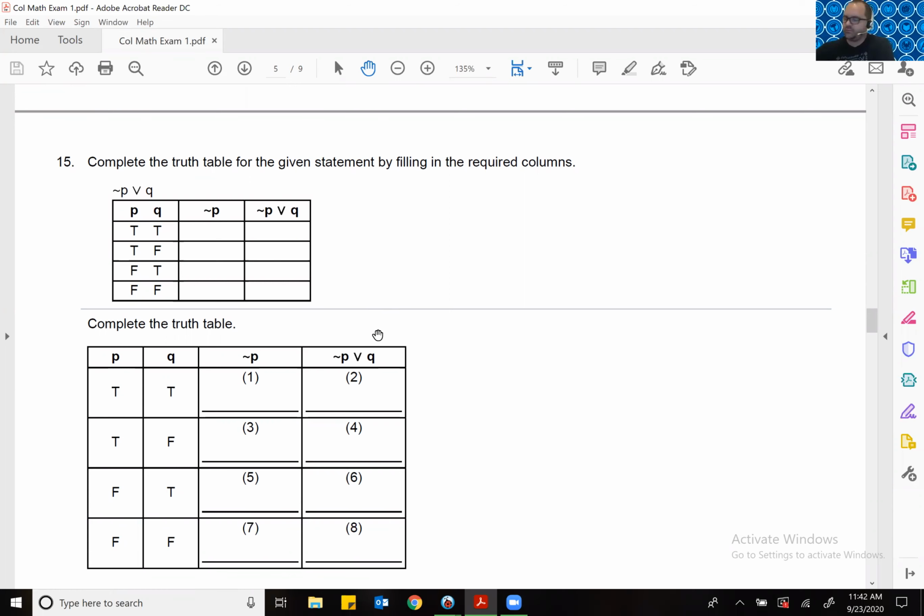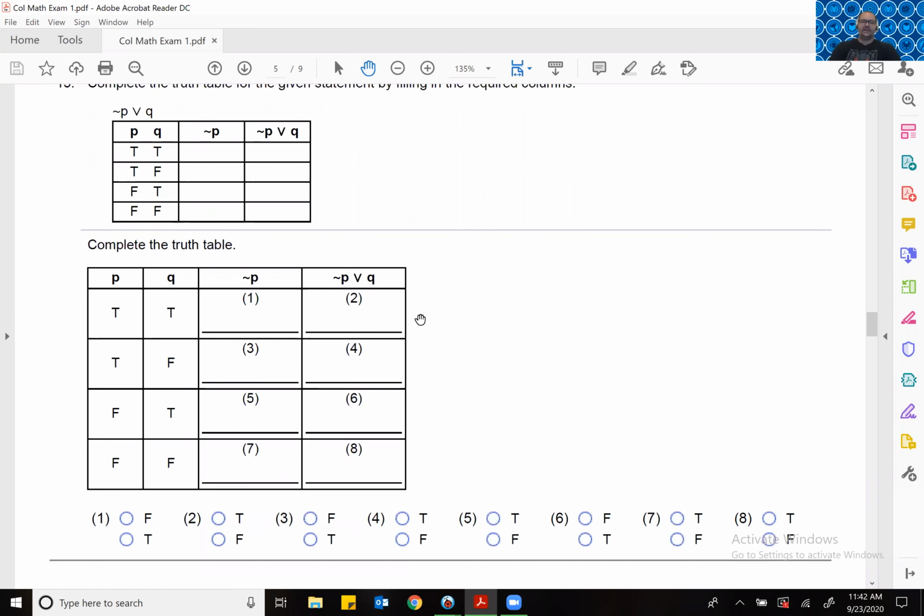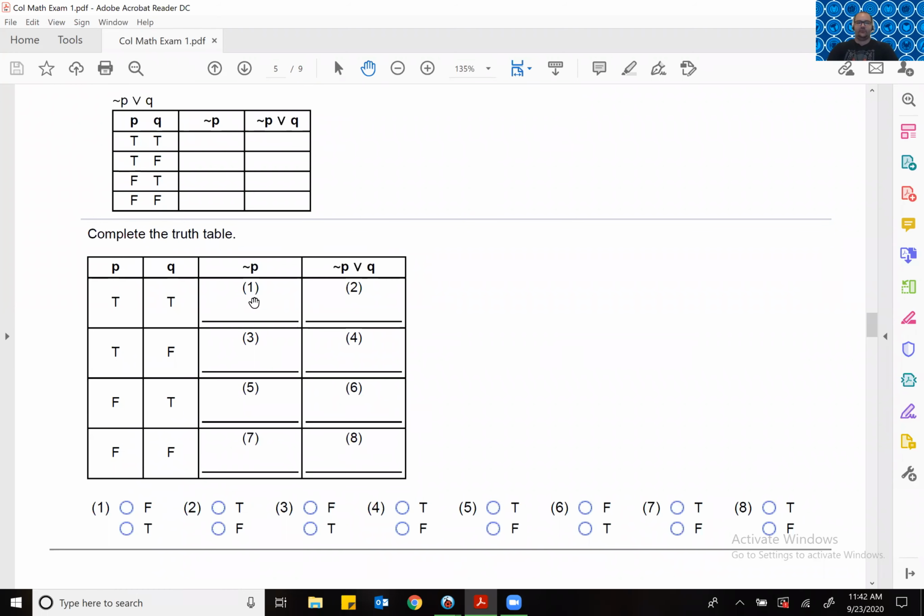They want us to figure out the negation of P and then do negate P or Q, and they want all 8 of those answers. They will be drop-down menus on your exam, so you don't actually have to type in the T or F.